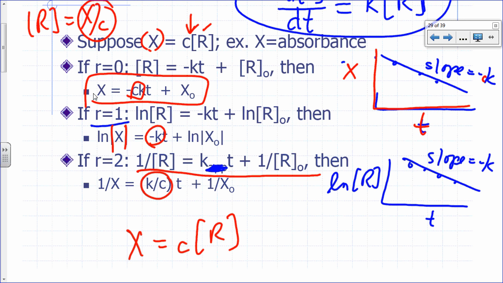It's only the first order plot that would give you the rate constant right away. For the zero order and the second order, you kind of have to know what that proportionality constant is.